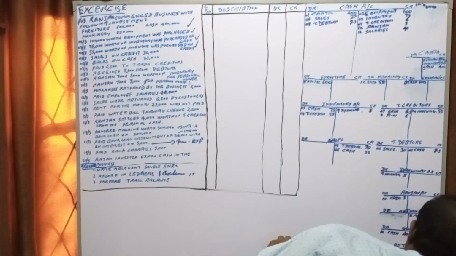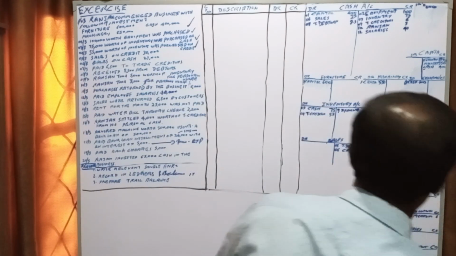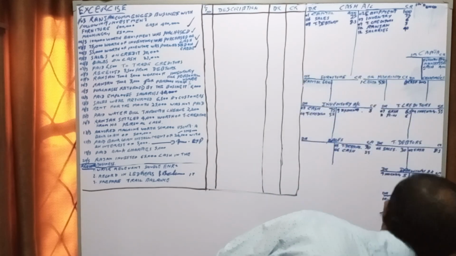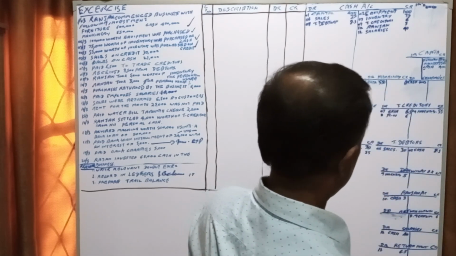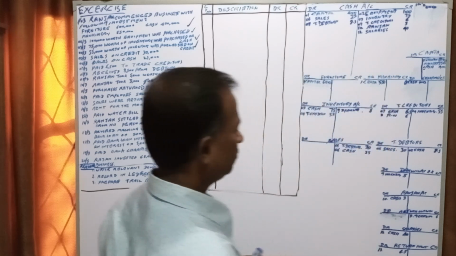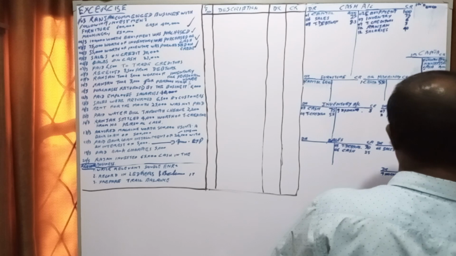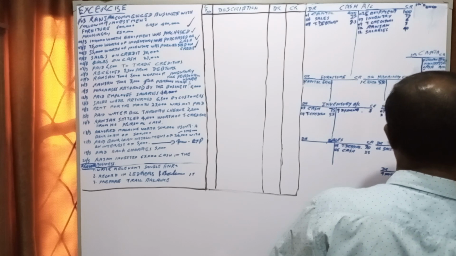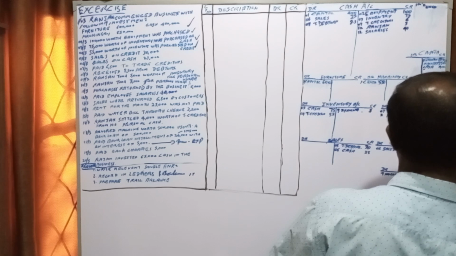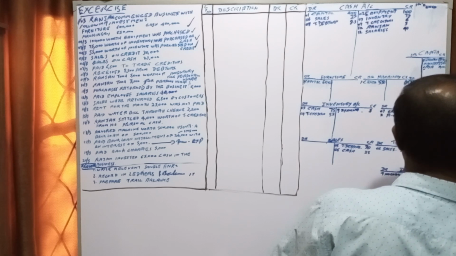Okay, trade debtors. So debtors account will be credited. Return inwards 6.5.